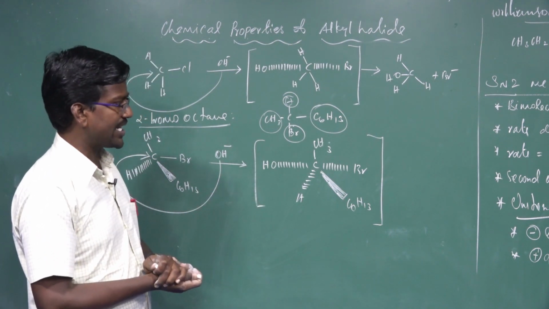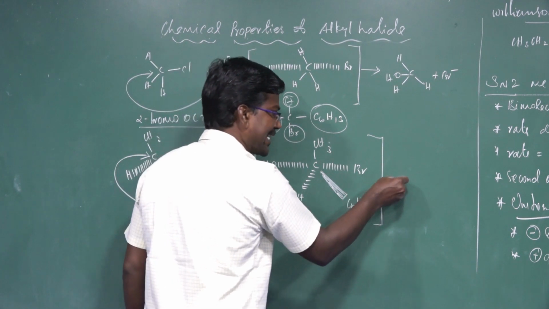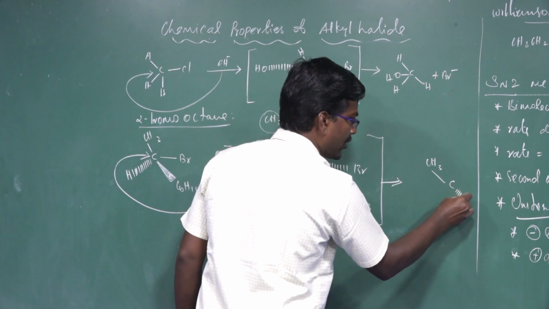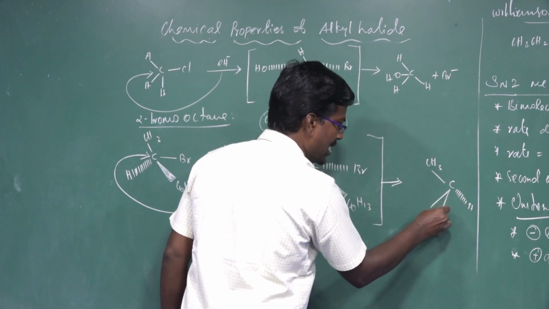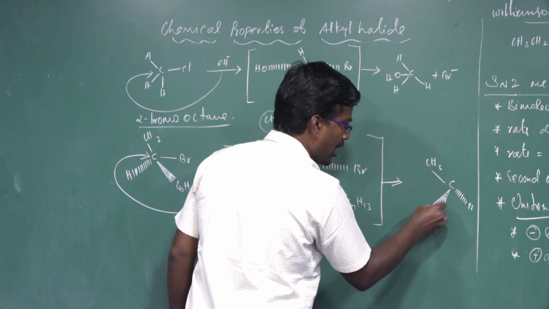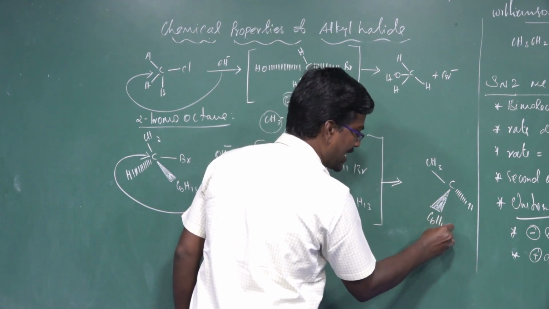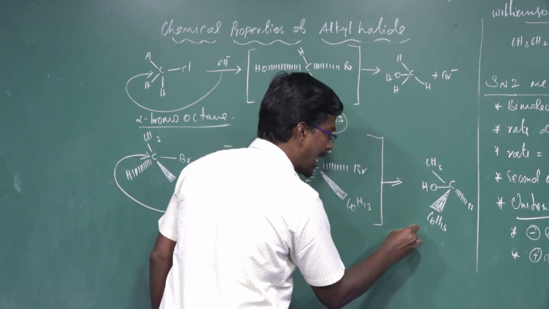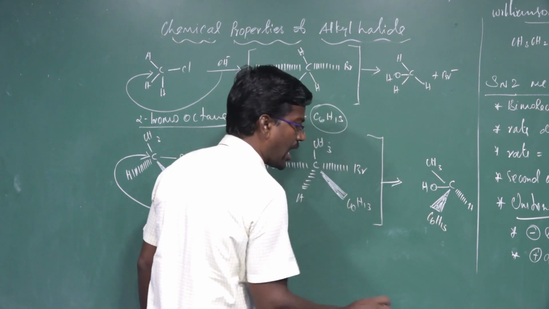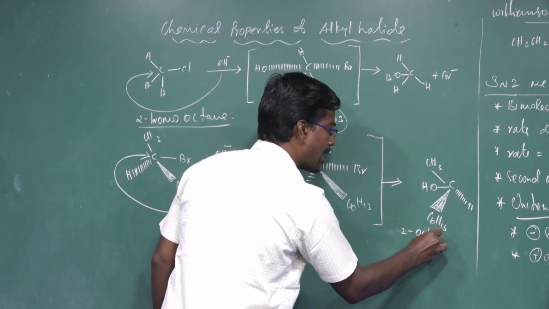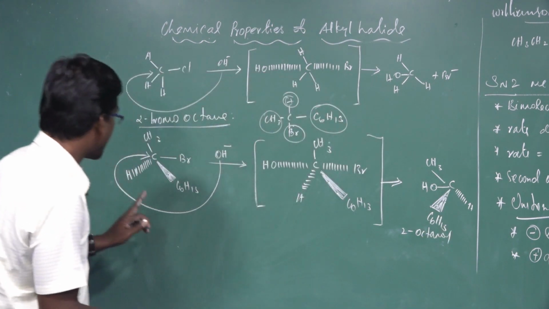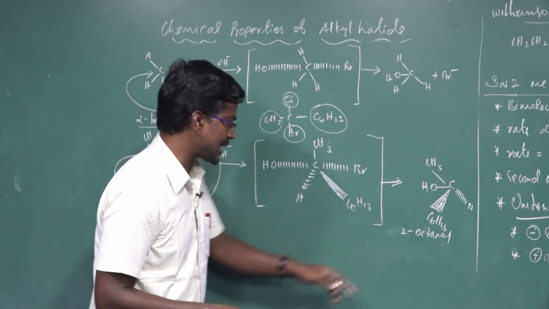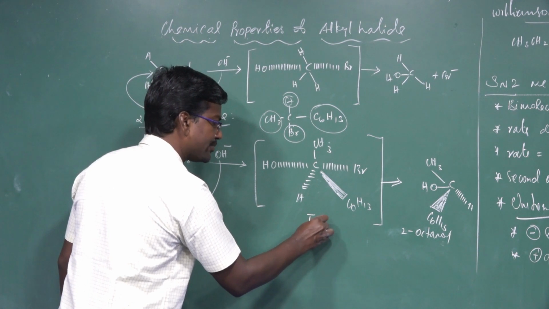This intermediate can be further converted into CH3 bonded to C, bonded with a hydrogen atom, and with the alkyl group C6H13 bonded with the OH group. It is 2-hydroxy octane, or 2-octanol. 2-bromo-octane can be converted to 2-octanol.